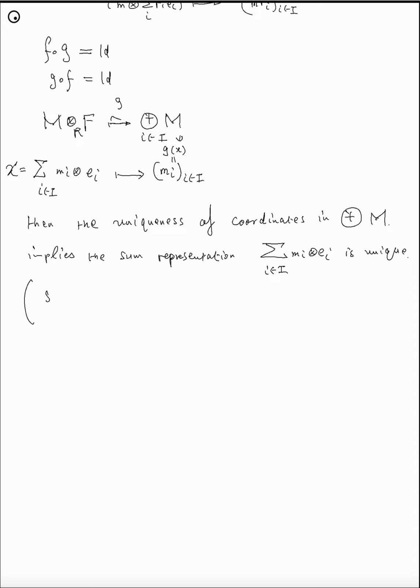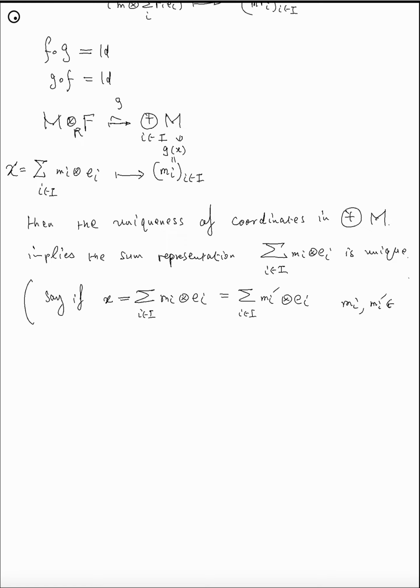What does it mean? Let's say x equals the sum of m_i tensor e_i equals the sum of m_i prime tensor e_i, with m_i prime inside M. I don't assume they are the same.